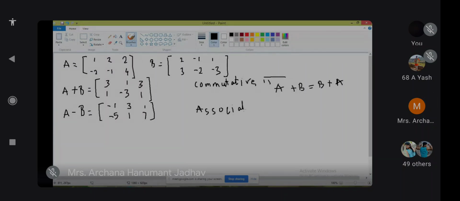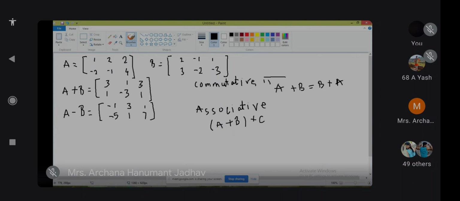Associative law. In associative, simply if we add two matrices first, that means in a bracket A plus B जर तुम्ही add केलं, and third one is C, third matrix. Associative law for three matrices and commutative law for two matrices.